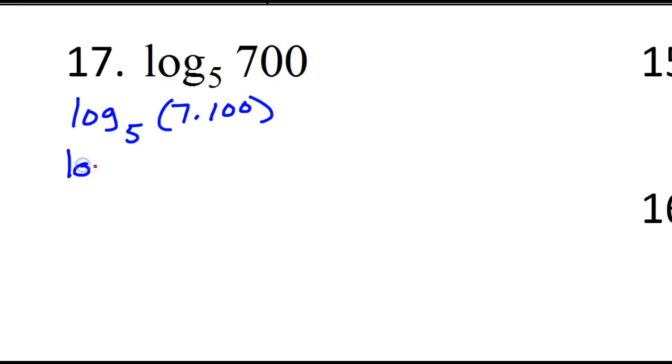Okay, we have one more of these. Log base 5 of 700. Now, using the product property, I could split this apart. 700, of course, is 7 times 100. So I could use the product property to write this as a sum. This would be log base 5 of 7 plus log base 5 of 100.